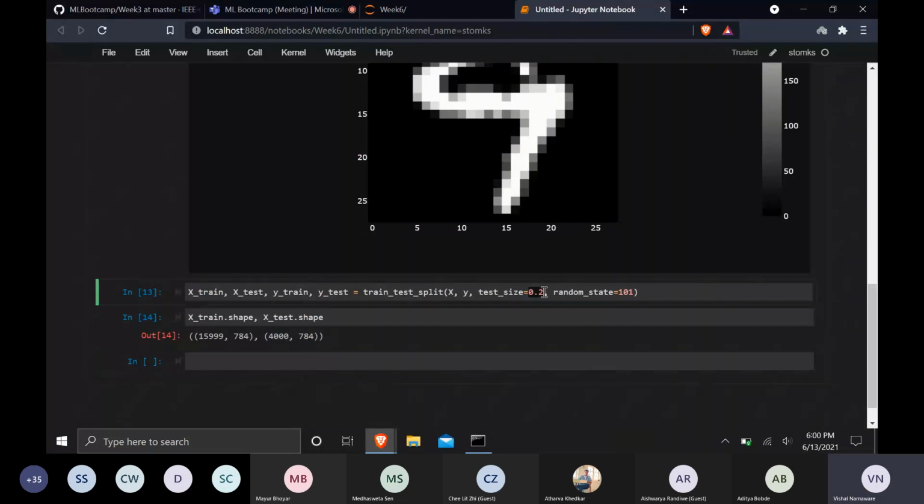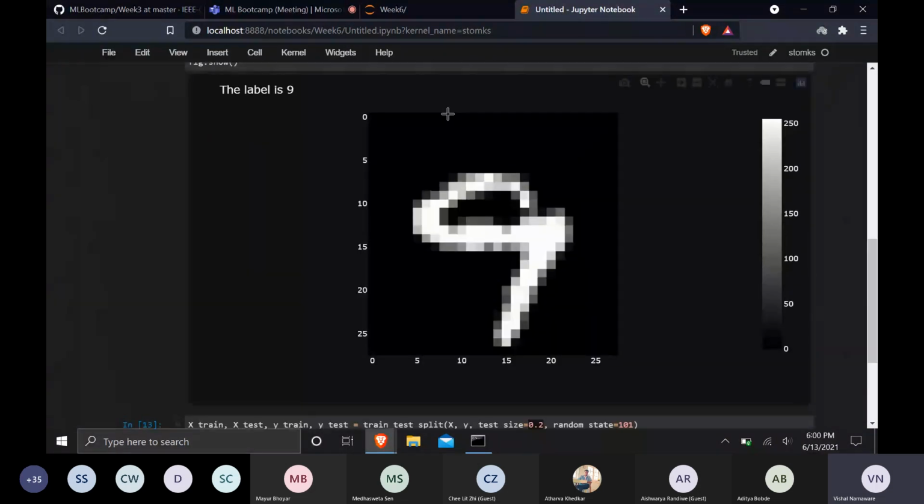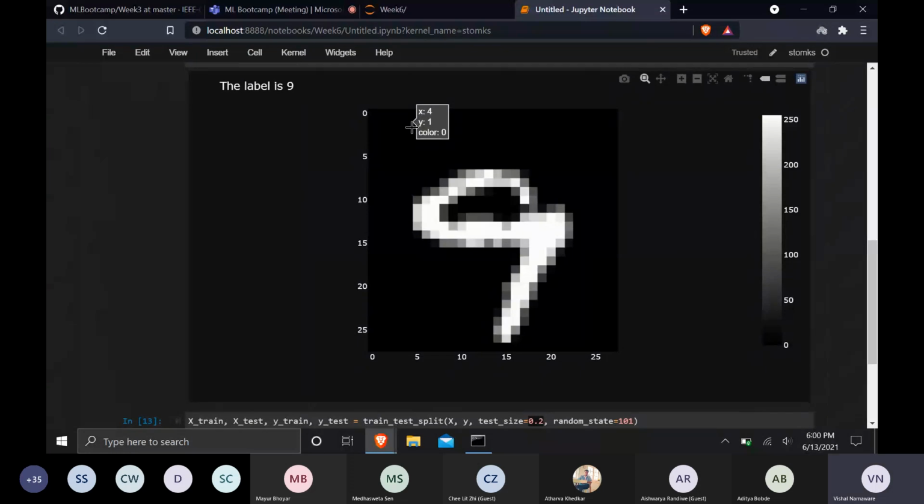So the very first thing that we did in our week 3 was to use the KNN classifier to deal with our classification problem, right? So we are going to build that again.